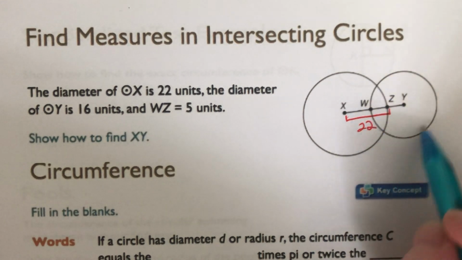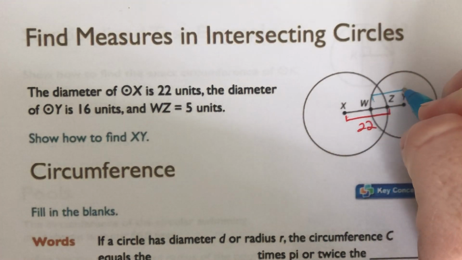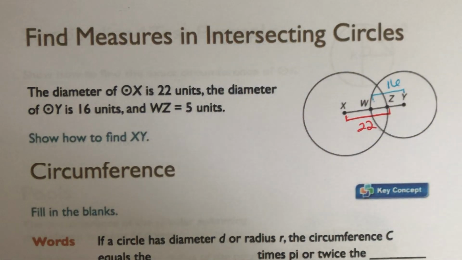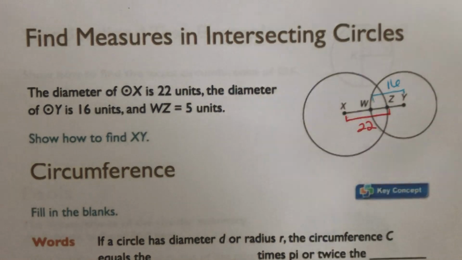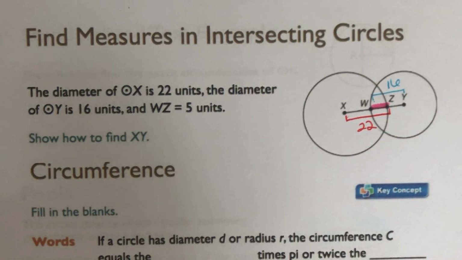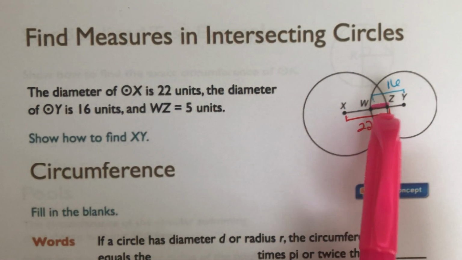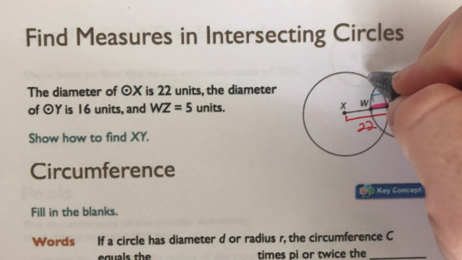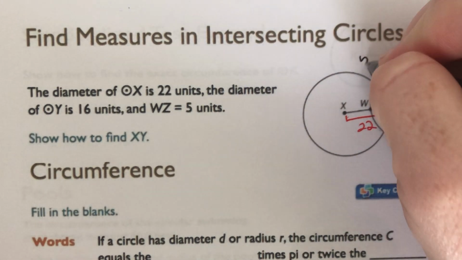So circle Y here, the radius is from W to Y, and that's 16 units. Now, what do you notice here? They both overlap in this little WZ part. They both use WZ, right? So we're going to get to that in a second. WZ is 5 units. So I ran out of room to write that, but this little highlighted guy is 5.